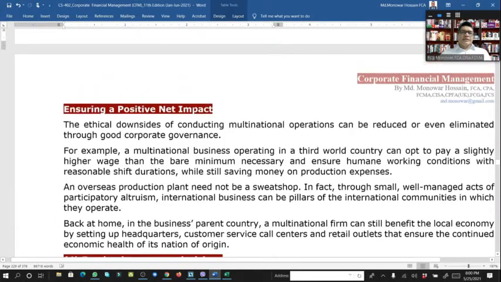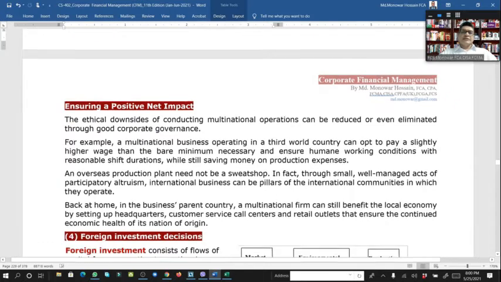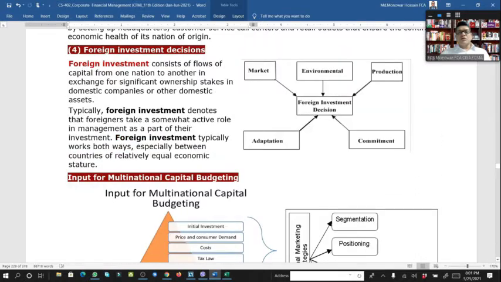So here, ensuring a positive net impact: if foreign currency or multinational operation comes, their net positive income will come here. And also, how does a company take a foreign investment decision? Foreign investment consists of a flow of capital from one nation to another in exchange for significant ownership, a stake in a domestic company or other domestic asset.